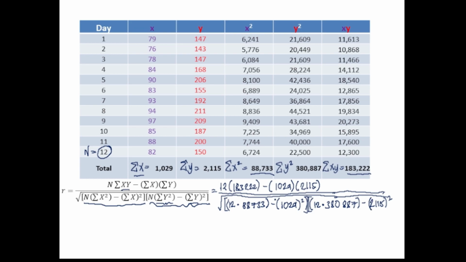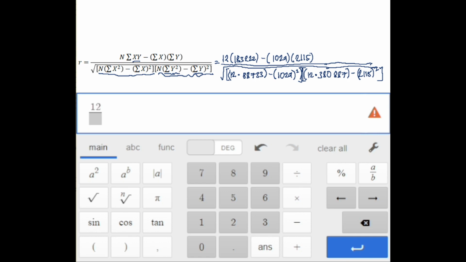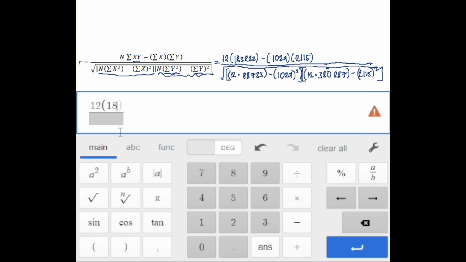Okay. So ito po yung ating ipapress sa ating calculator. Okay. We have 12 times 183,222 minus, close muna natin, minus yung product ng dalawa.